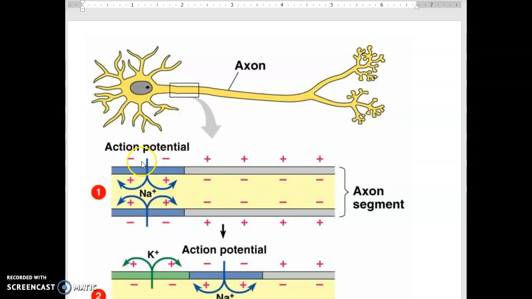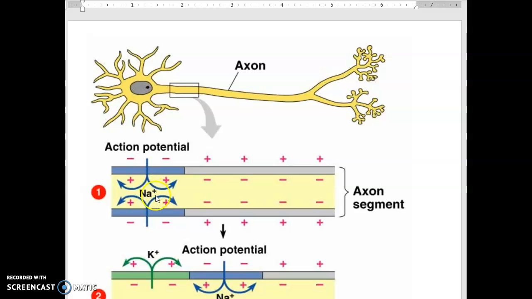So all those positive sodiums rush in, changing the charge. If you look now, it's positive on the inside and negative on the outside. That's the opposite of what it was when it was resting. So we say there's been a depolarization. Depolarization is like an impulse where the sodium rushes in and changes the charge.